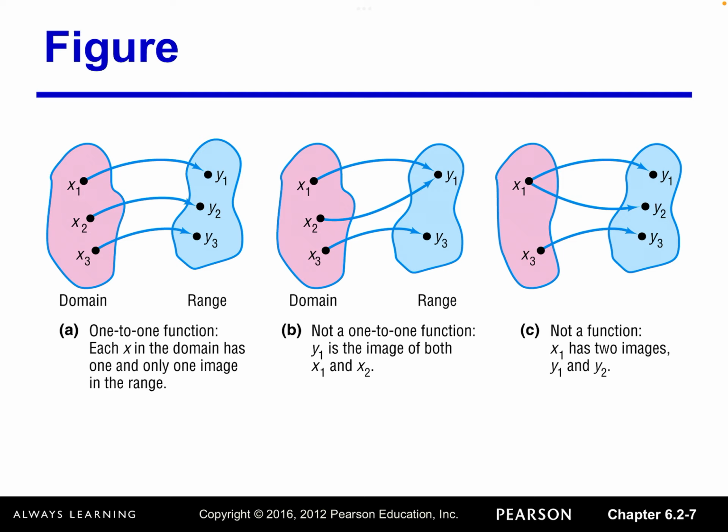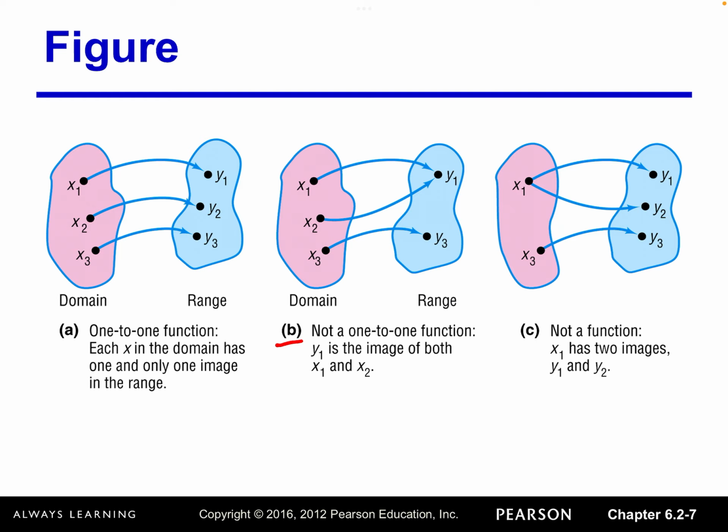From this map, we can see the one-to-one function is the most restricted because both directions are restricted, only pairing with one. Then B, the map for a function, is less restricted.